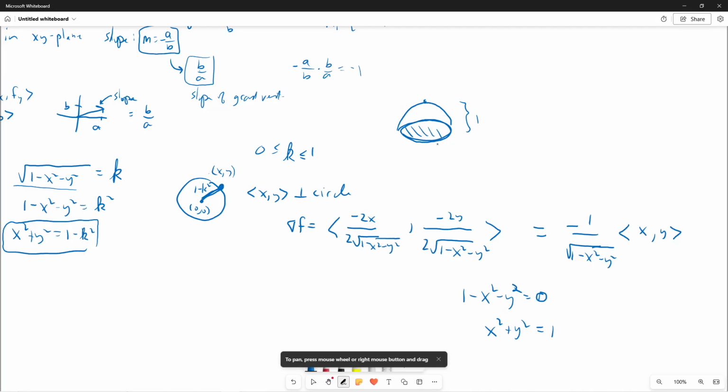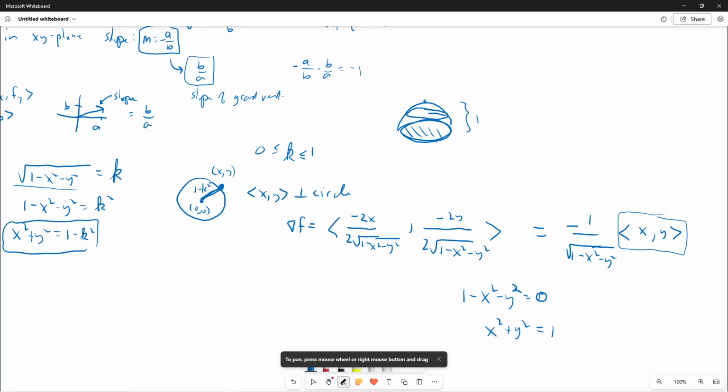And at those points, the gradient vector does not exist. So everywhere else on the hemisphere, if we take a level curve on the hemisphere, then the gradient vector will be perpendicular to this circle because it's a multiple of a point on the circle, and that's a radial vector.